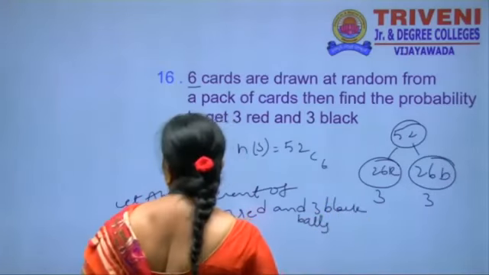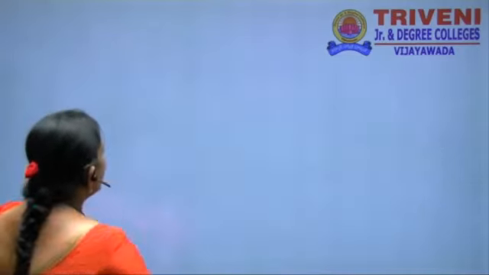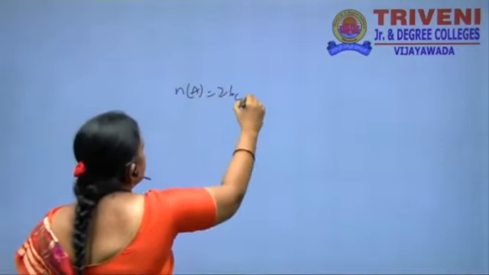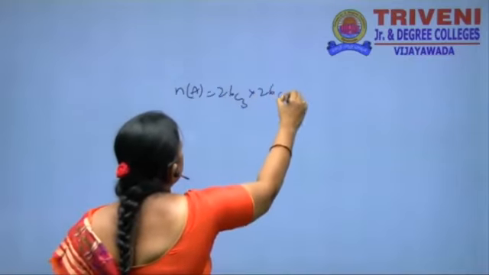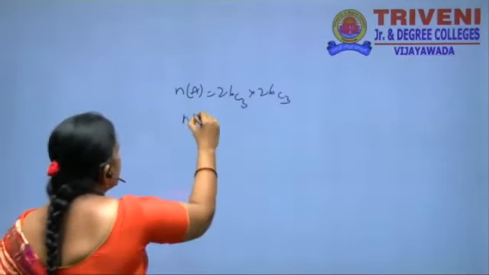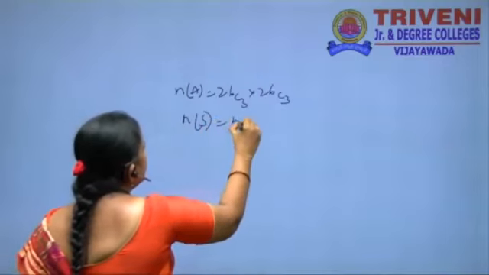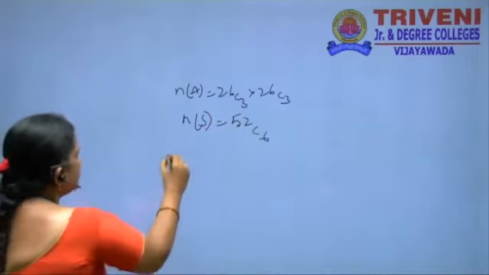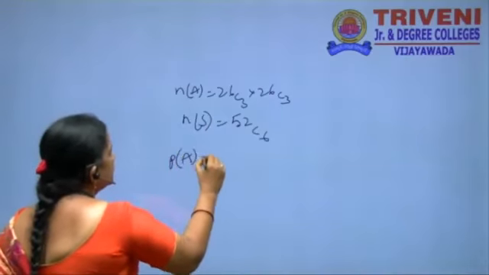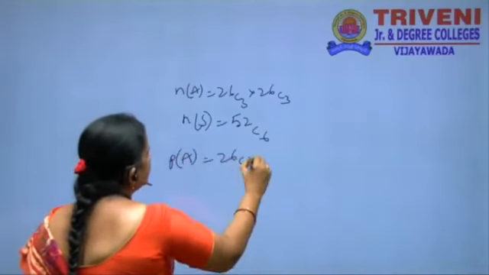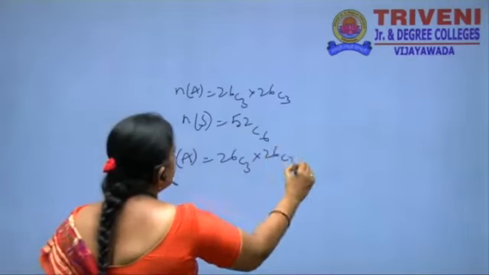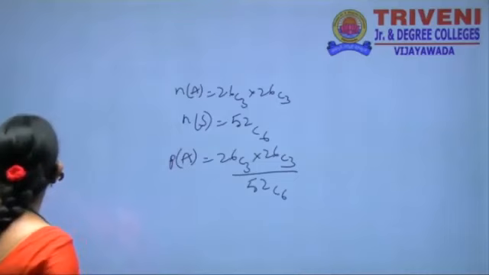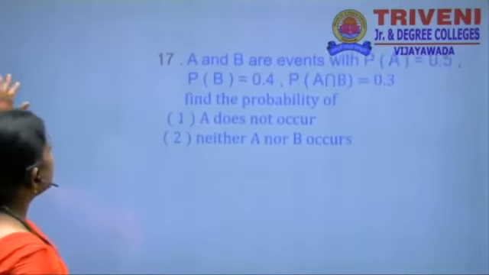N of A is equal to 26C3 into 26C3 and N of S is equal to 52C6. Then P of A is equal to 26C3 into 26C3 by 52C6. Okay, and then we are going to the next problem.